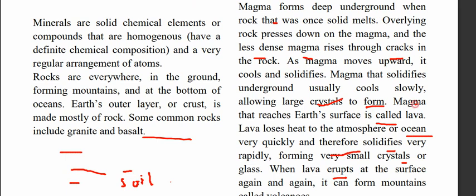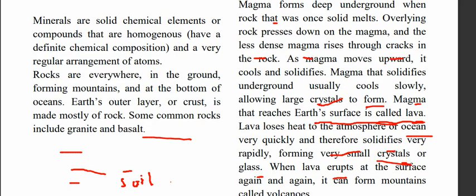Now magma that reaches the earth's surface is called lava. So don't forget that magma that reaches the earth's surface is called lava. Lava loses heat to the atmosphere or ocean very quickly and therefore solidifies very rapidly, forming very small crystals or glass.